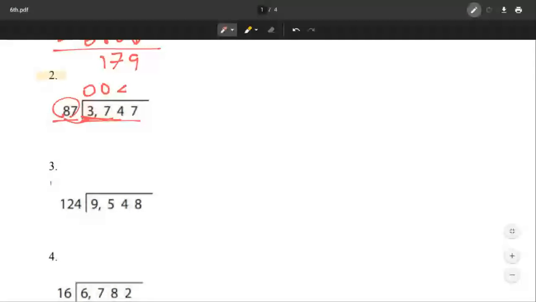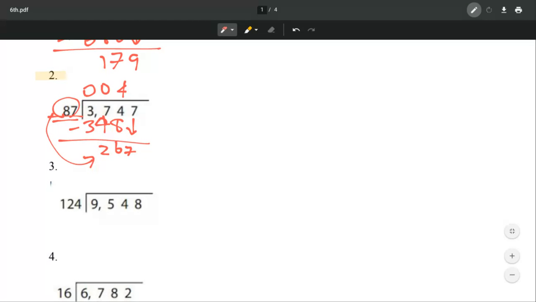And then we multiply 4 by 87 and we get 348. We subtract, we get 26, right? Bring down the 7, and again we ask ourselves, how many times does 87 go into 267?